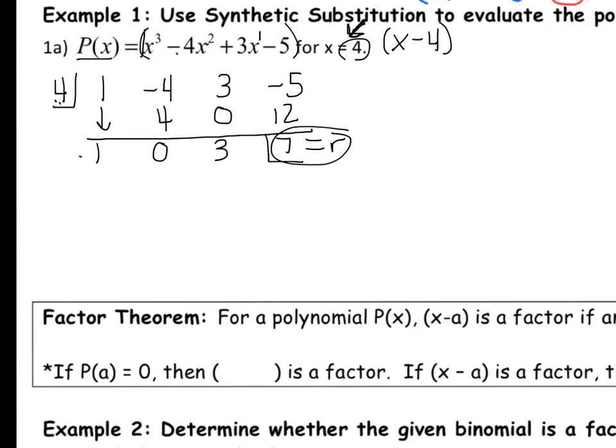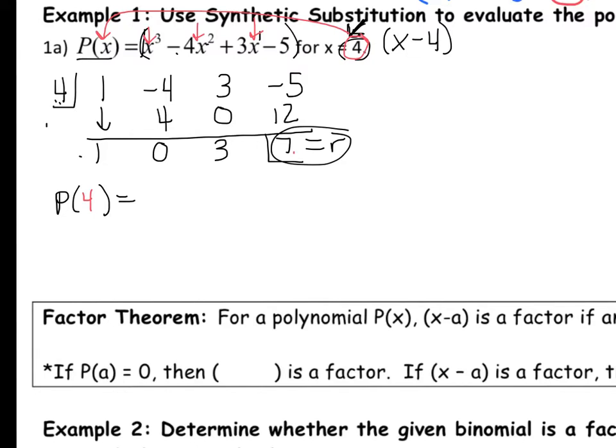But we could have gotten the exact same answer if we would have plugged this 4 in for x, here, here, and here. So that's what we'll do. We'll figure out p of 4. We're going to end up getting 7, but just watch. Then it'll be up to you if you would like to do the problems the first way or the second way.